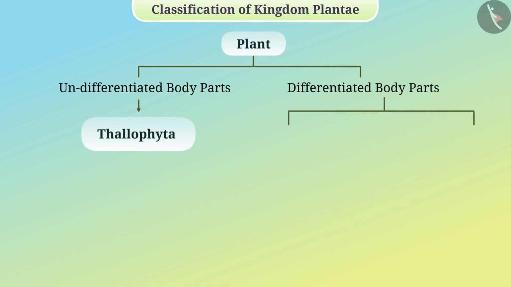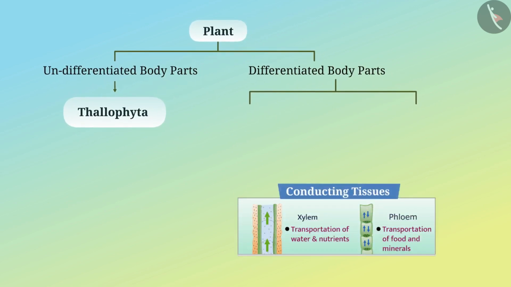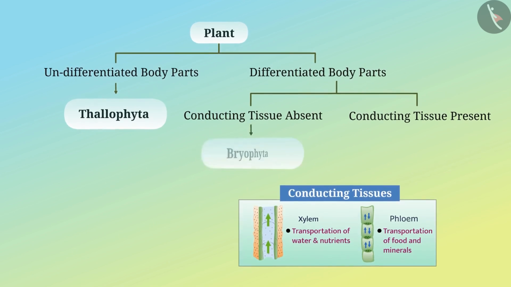The next level is made on the basis of whether there are specific tissues for the transport of water and other substances in the body of the plants. Plants that do not have specific tissues for conduction in their body are placed in the subclass Bryophyta.